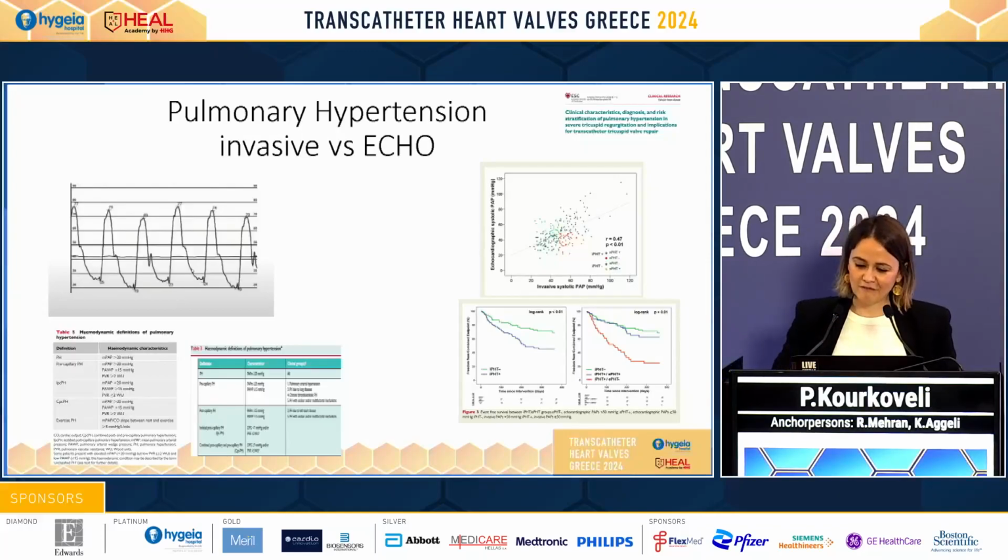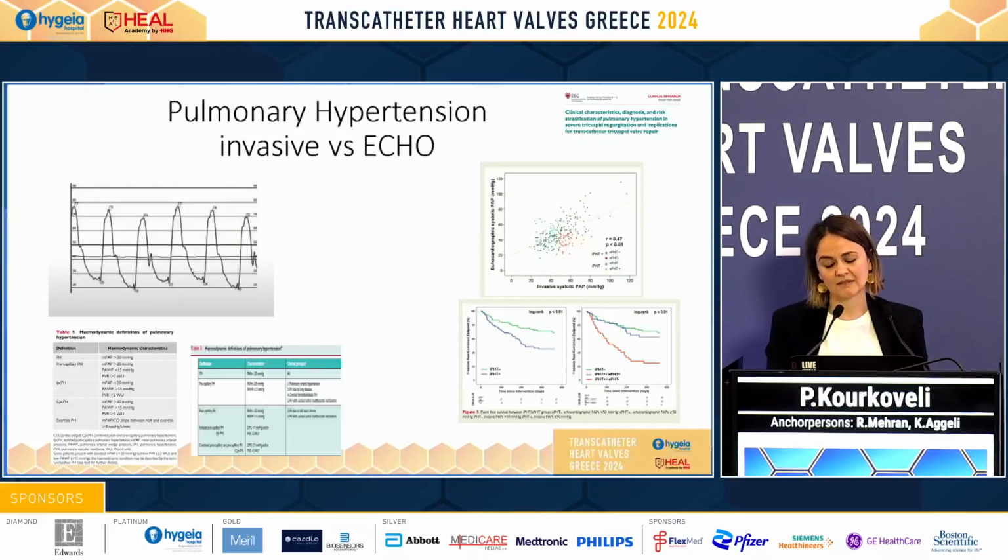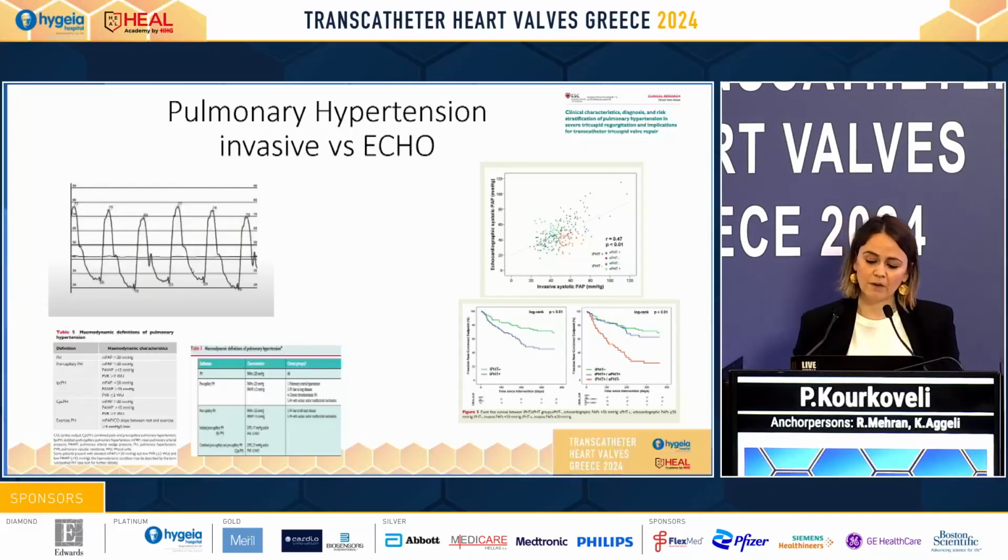And now this is probably the only reference I made to echo. There is a very nice report from Lutz back in 2022, if I remember correctly, where patients assessed for transcatheter intervention of the tricuspid regurgitation, both with echo and invasively, and found to have pulmonary hypertension, had a poor prognosis, but not as poor as the patients that were referred for transcatheter treatment only with an echo positive for pulmonary hypertension, without right heart cath.